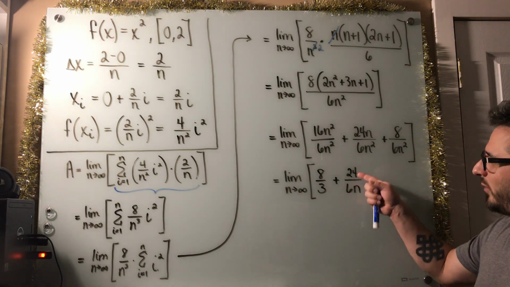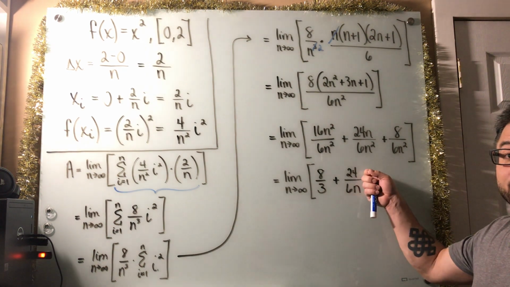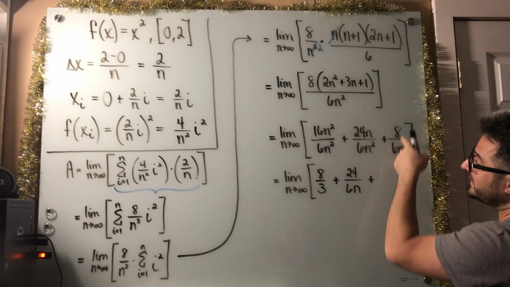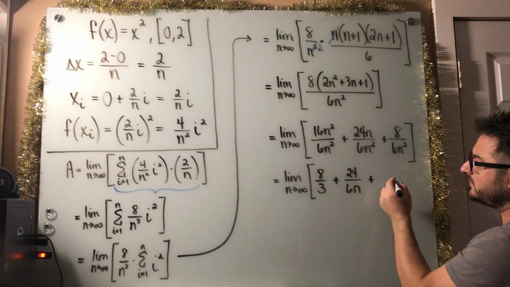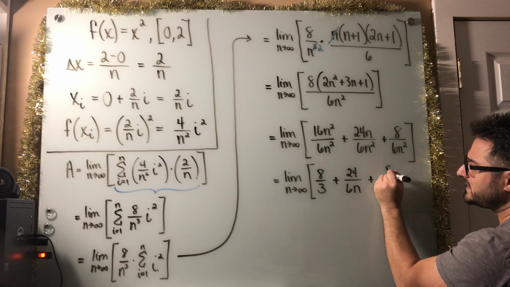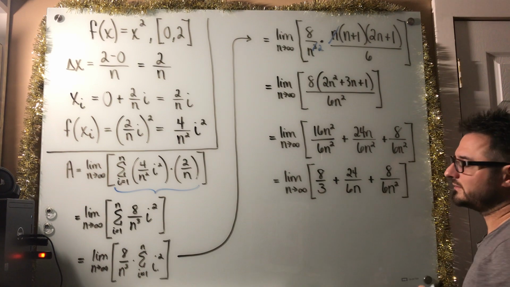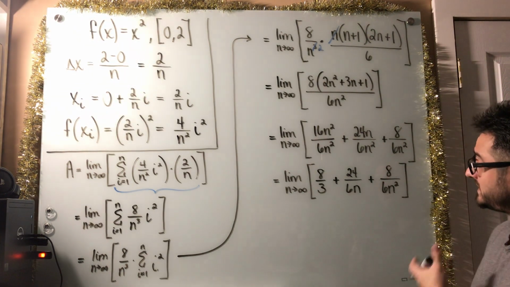So it doesn't really matter what those things are. What matters is that the bottom will grow while the top remains constant. This one, again, the 8 and the 6 could be simplified, I suppose, but what's important about it is that we have a power of n in the denominator, and that's going to approach 0.